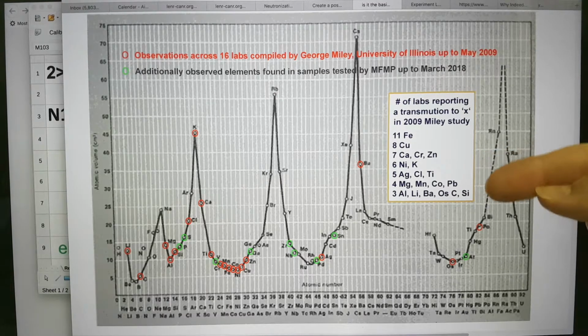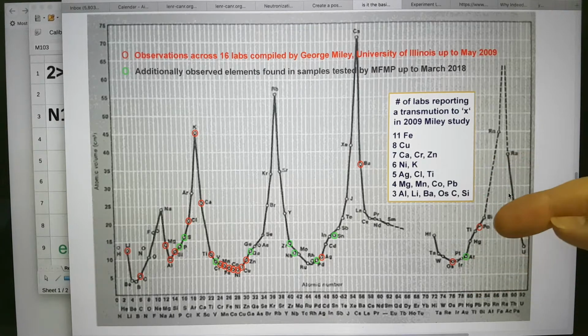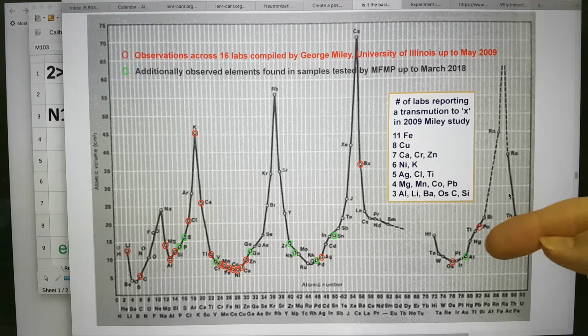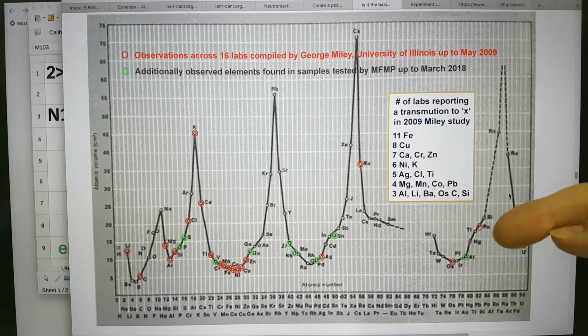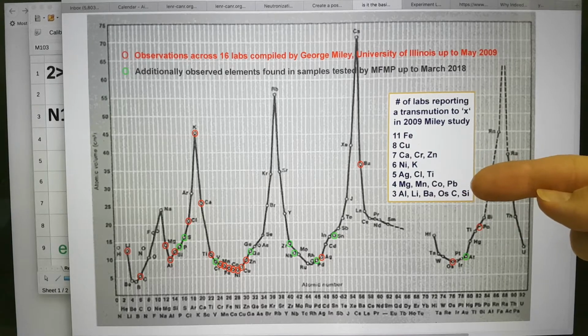And I'm going to say now that I believe that lead is observed very commonly in LENR reactions because it is the heaviest stable isotope in the periodic table. And so when the active agent has too much energy going in and it's wishing to keep things stable, its only real choice at the end of the table here is lead.